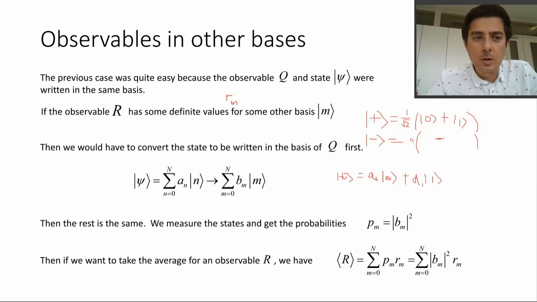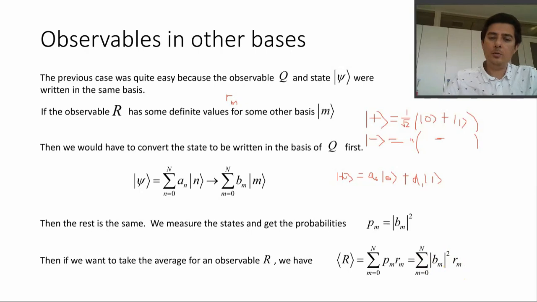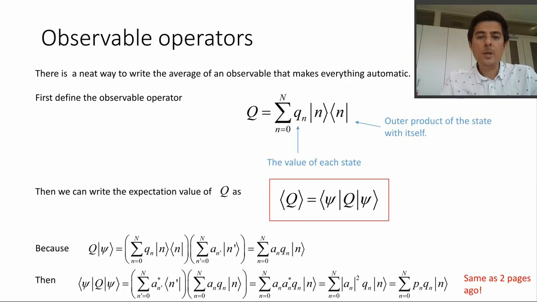Okay, so that's more or less the general formalism for how you come up with observables and averages in this case. So that is it. But actually, there's a really neat way of calculating this, which often makes calculations quite easy, and it also makes all this notation that we're dealing with a little bit clearer as to why we are using it.